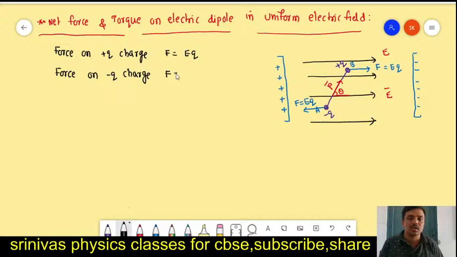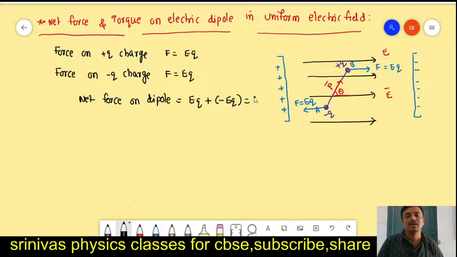That's why the net force on the dipole is EQ plus minus EQ. Why are we writing the minus? Because they are in opposite direction. There is no net force.